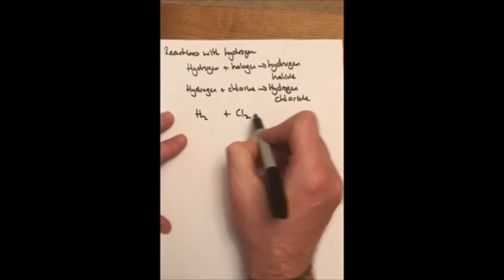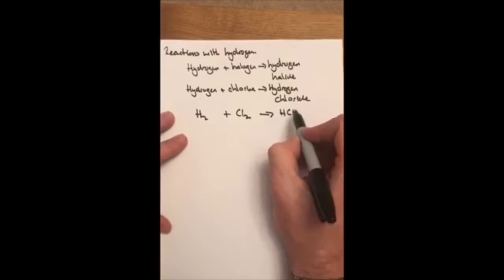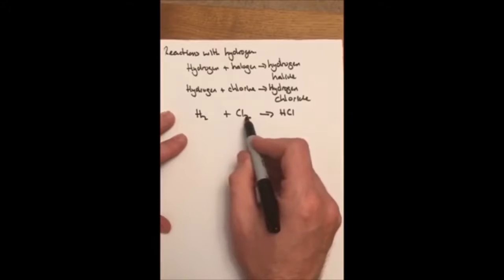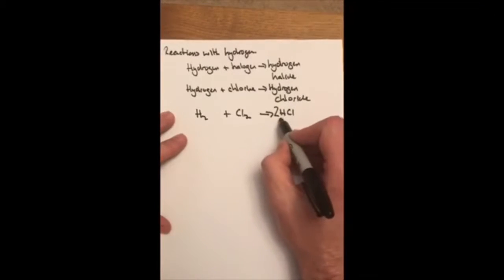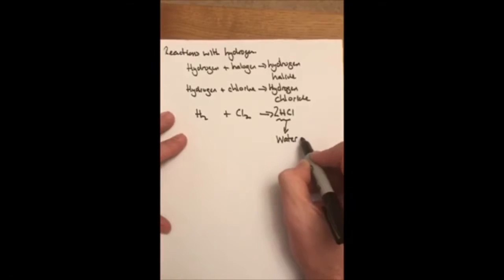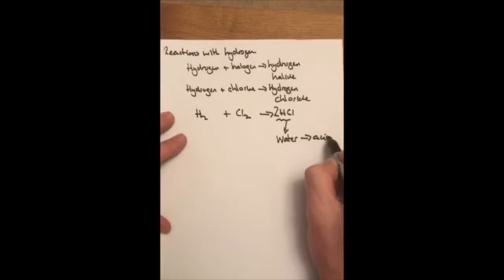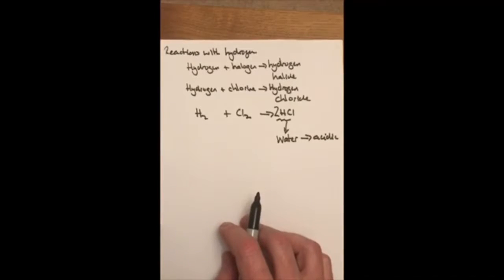So this forms HCl. Remember, these are diatomic, so it's H2 and Cl2. That means we need to balance it. That means we need 2 of these. And if we take this and dissolve it in water, then it forms a solution which is acidic, indicating the acid properties of the hydrogen halides in this example.